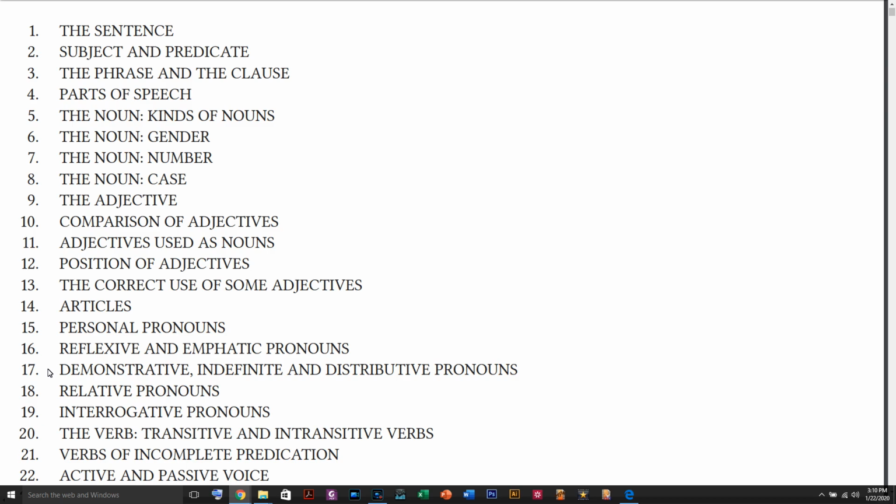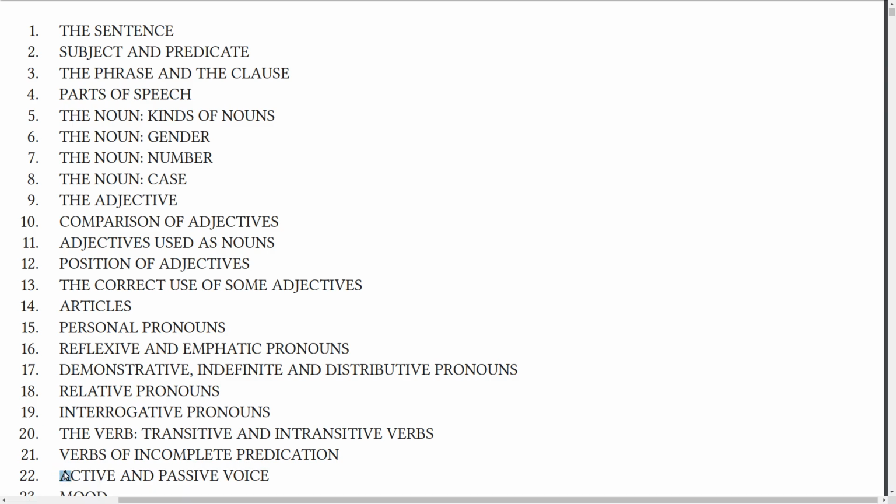interrogative pronouns, the verb, so you can use it as transitive and intransitive, verbs of incomplete predication, active and passive voices.